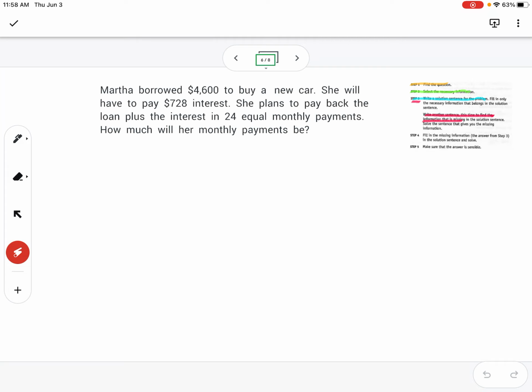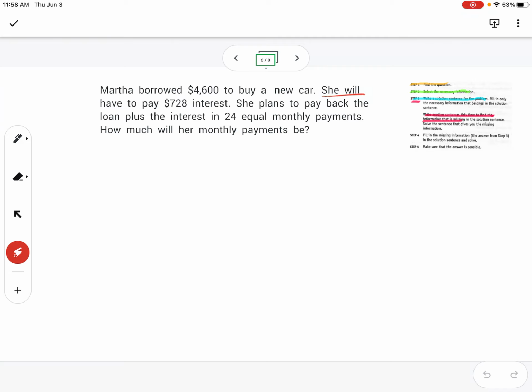We've been talking a lot with word problems about how, in order for me to have any chance of solving the thing, I really need to have a very good idea of what's going on in the story. So I'm going to read it again. Martha's buying a new car here. She's borrowing $4,600 from the bank. From experience, I know when you borrow money, you end up paying interest.